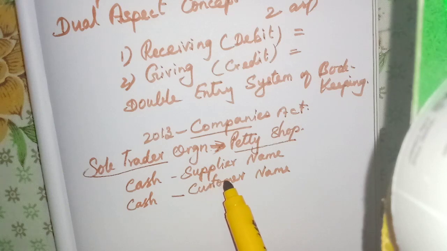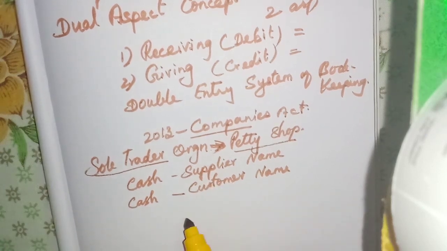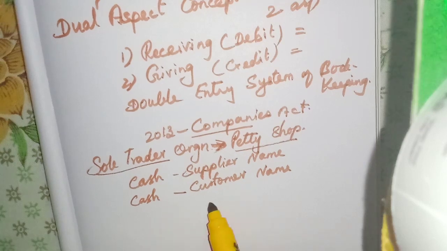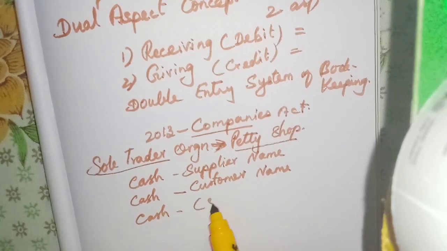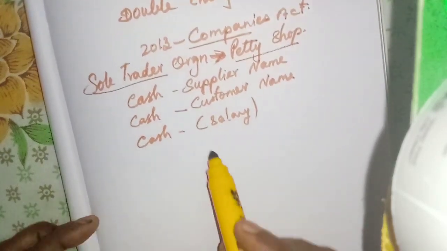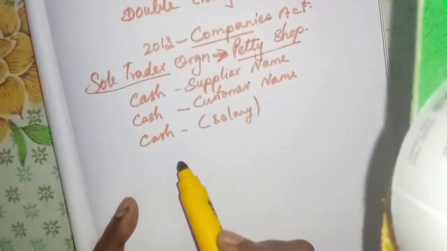Here, the amount due to the suppliers will be entered. And if he pays salary, he will write how much he has spent, only in the cash. The salary account will not be entered, but only in the cash book.